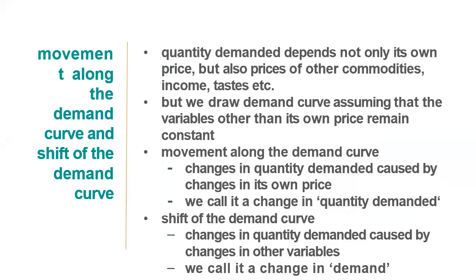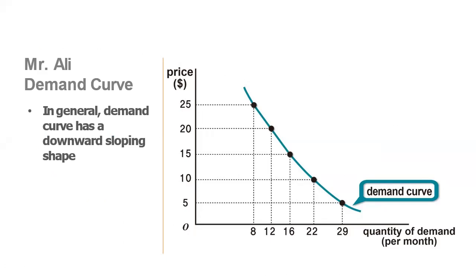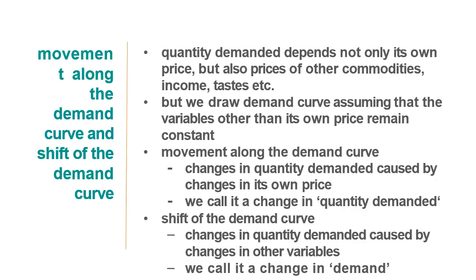We have two different cases: movement along the curve and shifting. Movement along the curve represents a change in the quantity demanded due to a change in price. Here, for example, the price was 20 and quantity 12; the price is 10 and quantity 22. Quantity demanded depends not only on its own price, but also on prices of other commodities, income, tastes, and so on.